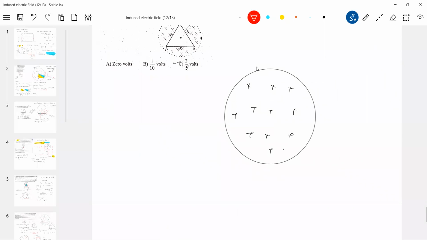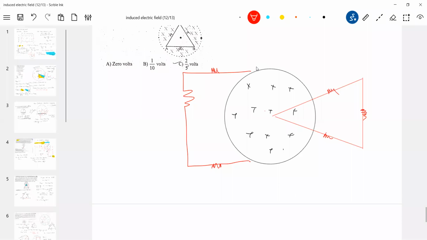I can bring one loop like this, and I'll connect one resistor also here. Then I can bring another loop and keep it here. It will have resistance, of course. But B bar is varying here only.